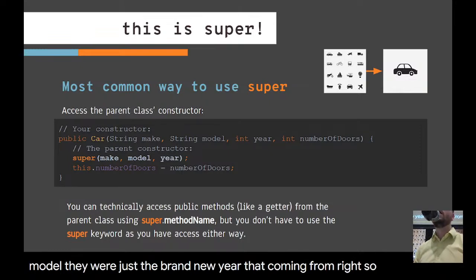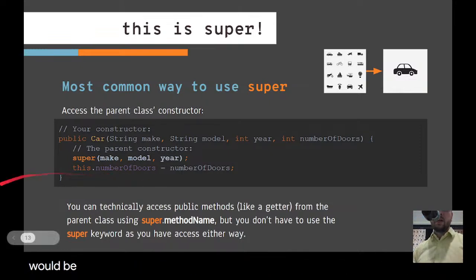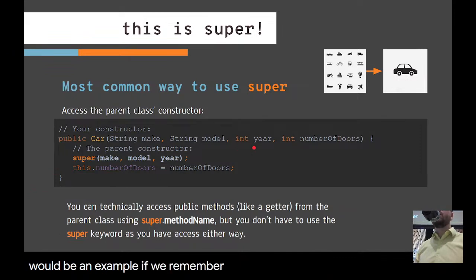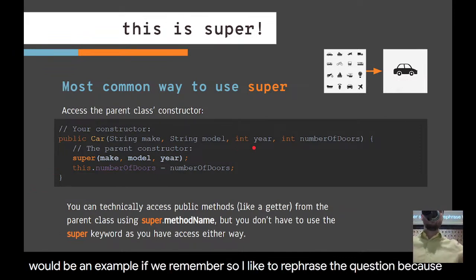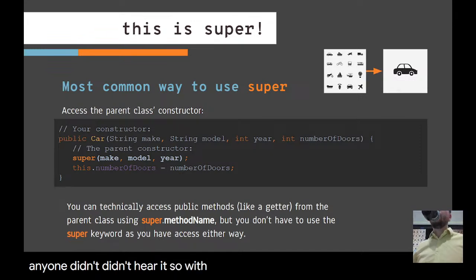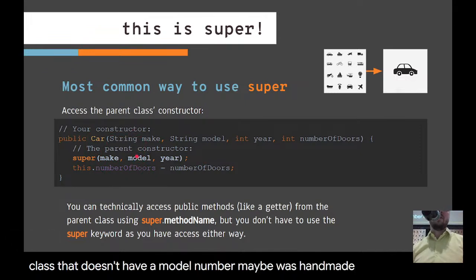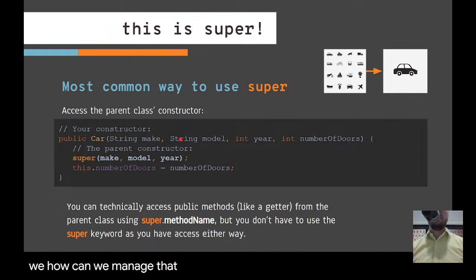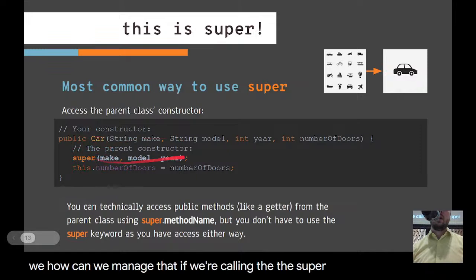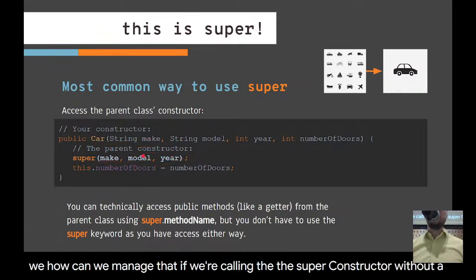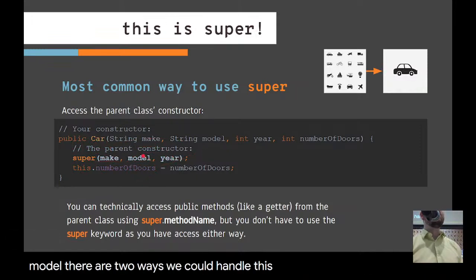Right. So now this would be an example. I'll rephrase the question in case anyone didn't hear it. Let's say, for example, we created a bicycle class that doesn't have a model number. Maybe it was handmade. How could we manage that if we're calling the super constructor without a model? There are two ways we could handle this.